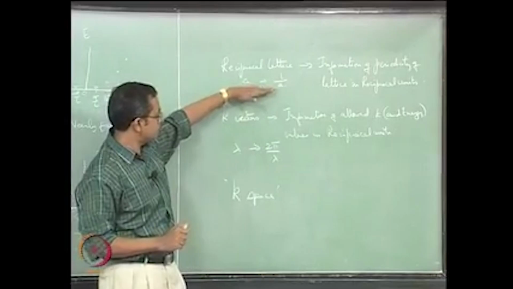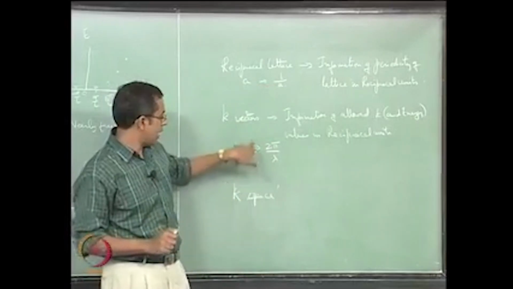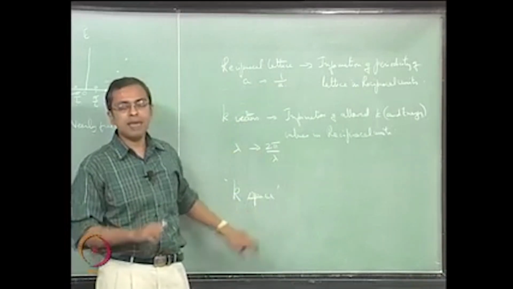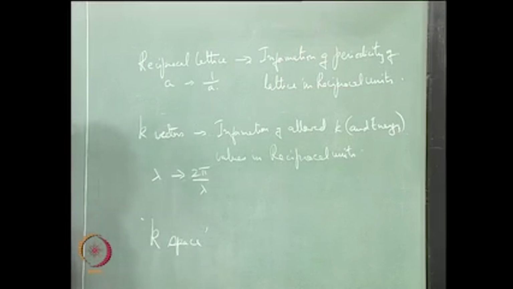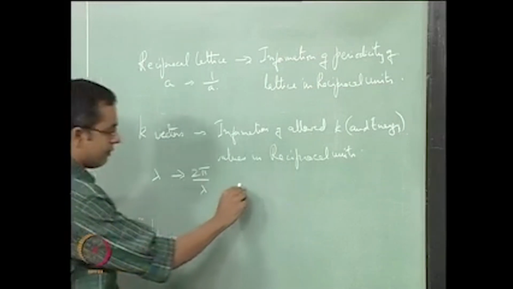So we will represent the reciprocal lattice also in K space, and allowed wave vectors also in K space, and we will look at the interaction. That is what we are going to do. What is the additional thing we have done?